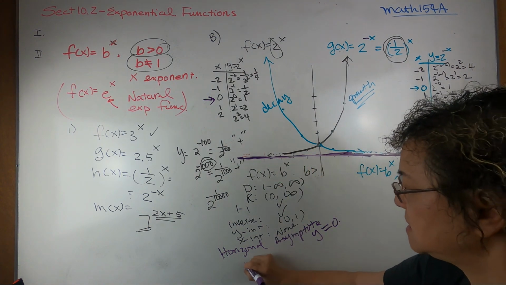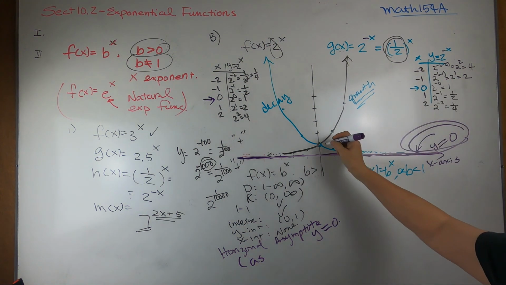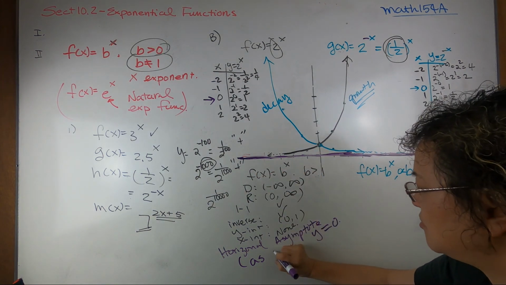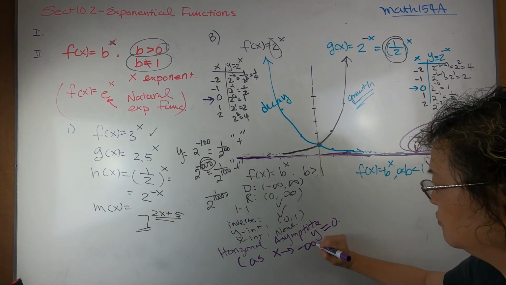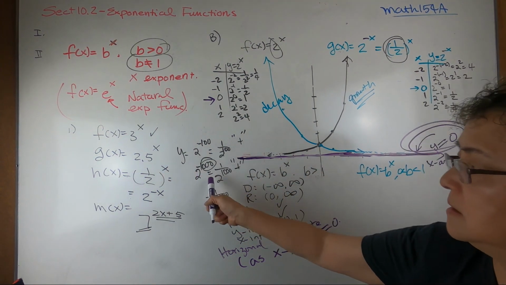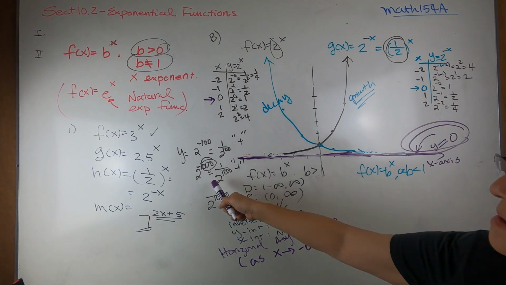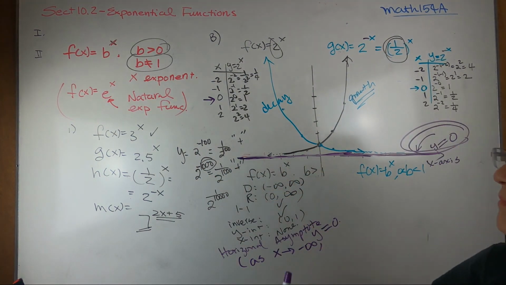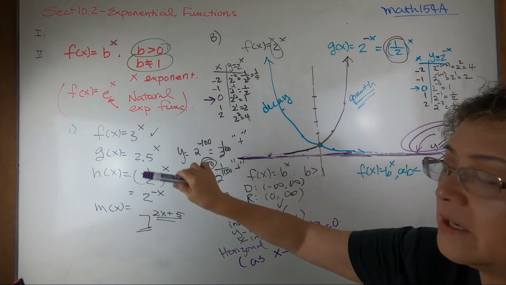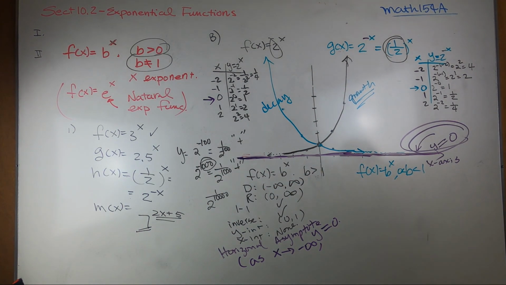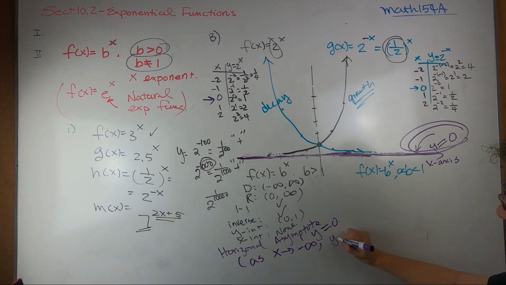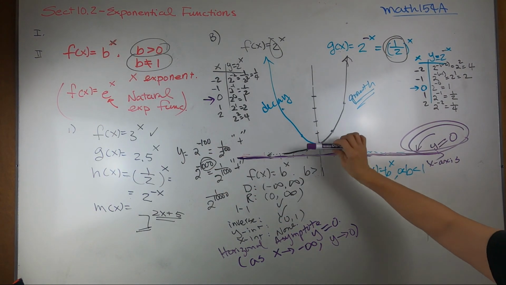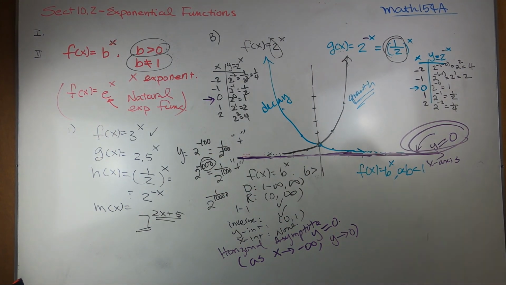So you can see, as x gets bigger, y goes bigger, but when x is approaching a very small number, like -1,000, -10,000, y goes very small, approaching 0, getting closer to 0.